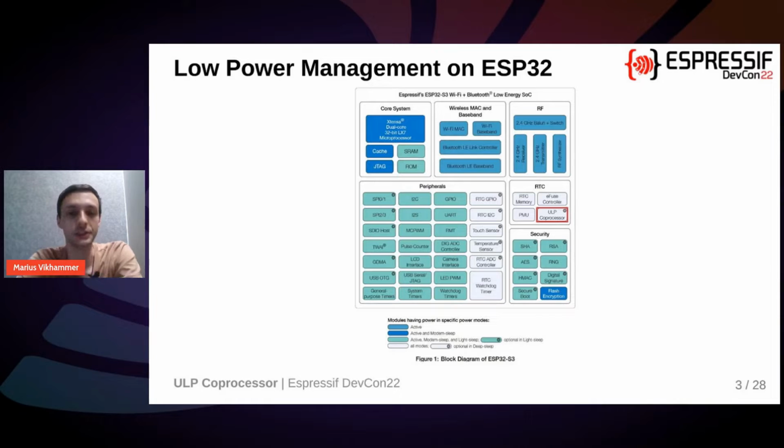Originally, it just stands for real-time clock, but in the Espressif world, it basically means the low power domain. So here we have RTC memory, which is just low power memory that's not powered down when you go to sleep. And here, marked in red, you can see what we're going to talk about today, the ULP coprocessor, which is a part of the RTC power domain.